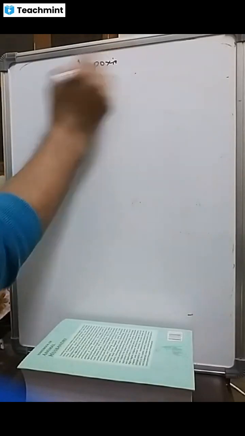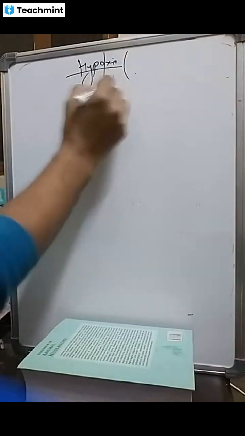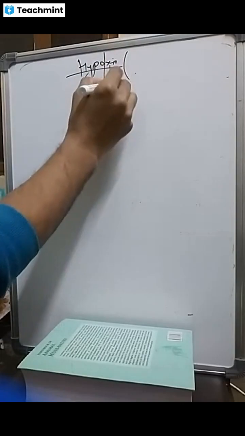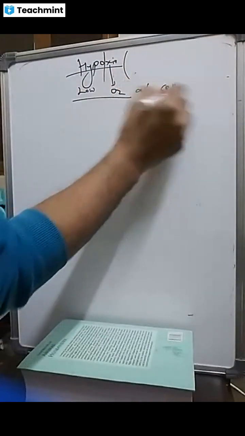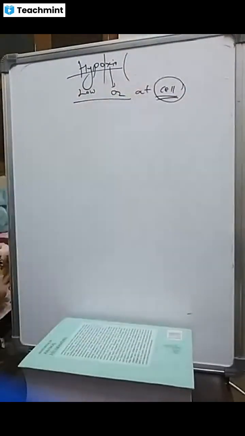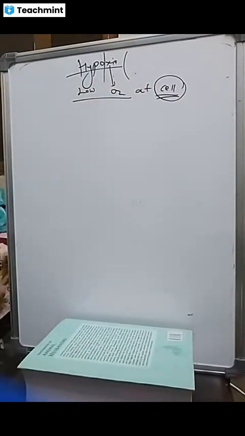So we'll start with hypoxia. Hypo means low, oxia means oxygen. Low oxygen is available at the cell.